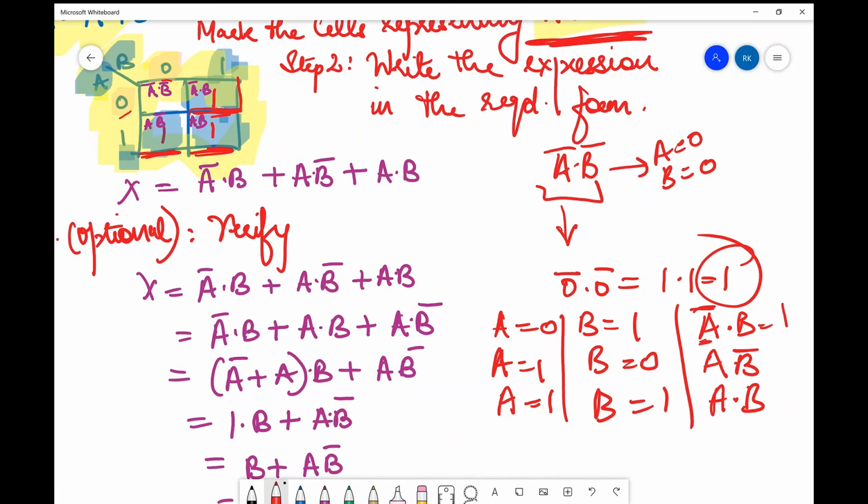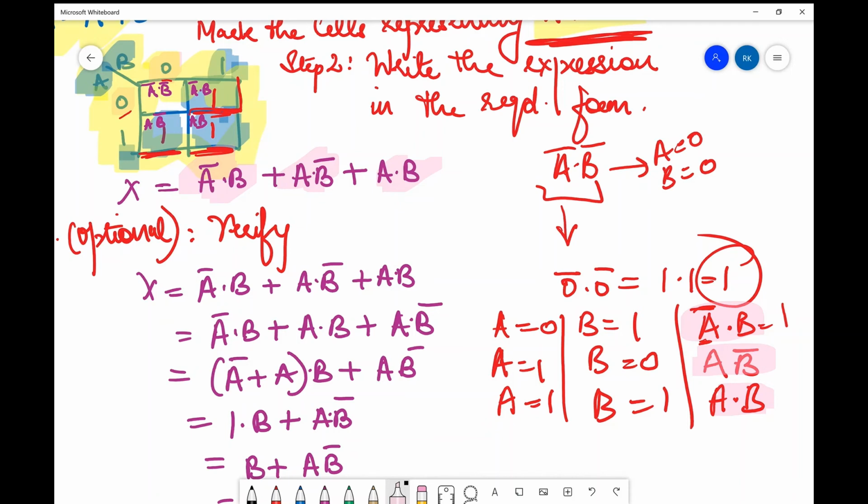That is why I have written over here A bar dot B, which is this one, plus A dot B bar, which is this one, plus A dot B, which is the last one. Now we can also verify whether this sum of products form is equivalent to the logical expression for which we have developed it.